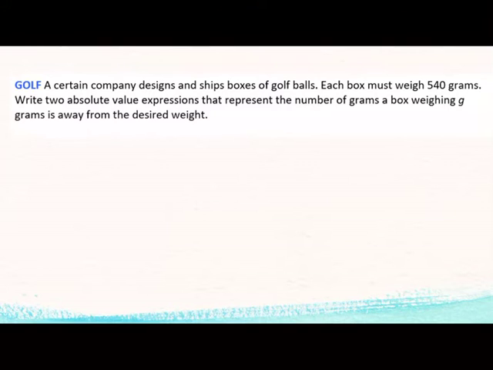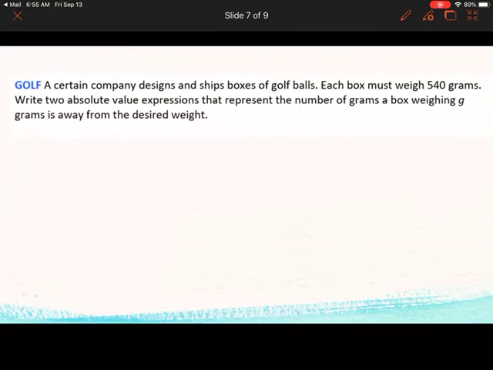So here's the next one. It's golf. A certain company designs and ships boxes of golf balls. Each box must weigh 540 grams. Write 2 absolute value expressions that represent the number of grams a box weighing G grams is away from the desired weight. So first keyword is it's 2 absolute value expressions.